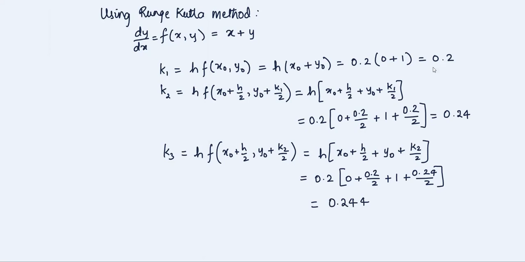See the approximation. If it is just Euler's, you will get K1 as 0.2. But the next step, it is 0.24, 0.244. The last step we will see.